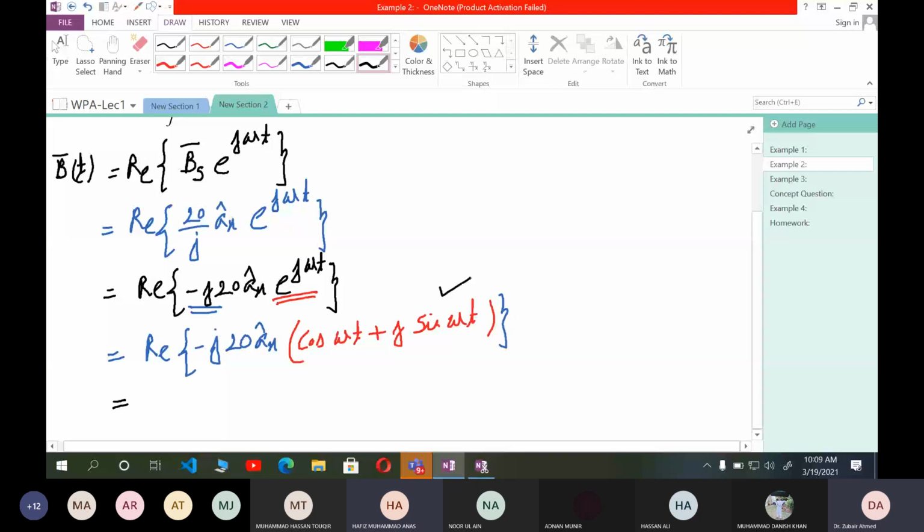Yes, j and j will become j square, and j square is minus 1, and we already have a minus sign, so it will become plus. So we have 20 sine omega t, and obviously it's a vector. This ax unit vector will remain as it is. So this is the instantaneous time domain vector signal corresponding to this phasor form.